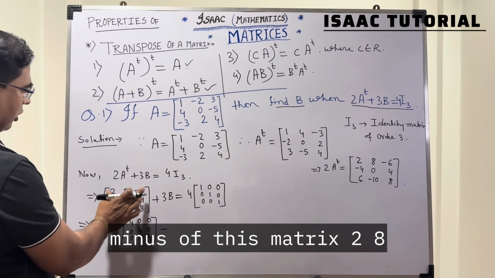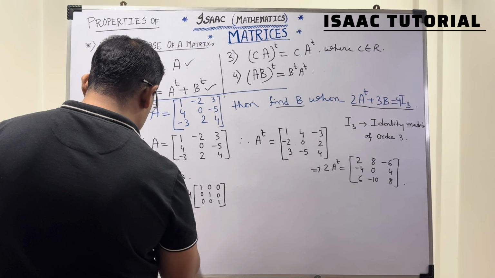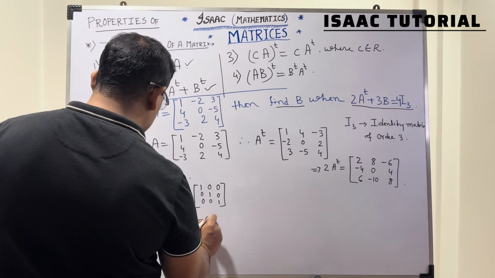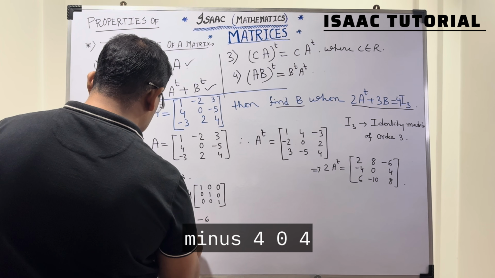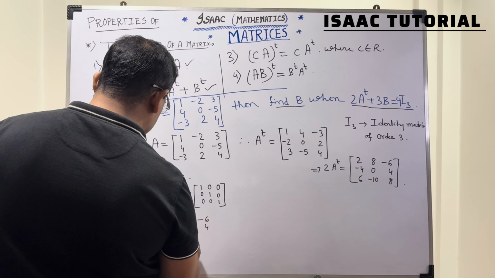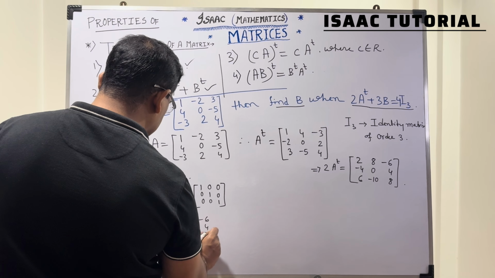minus of this matrix 2 8 minus 6, minus 4 0 4, 6 minus 10 8.